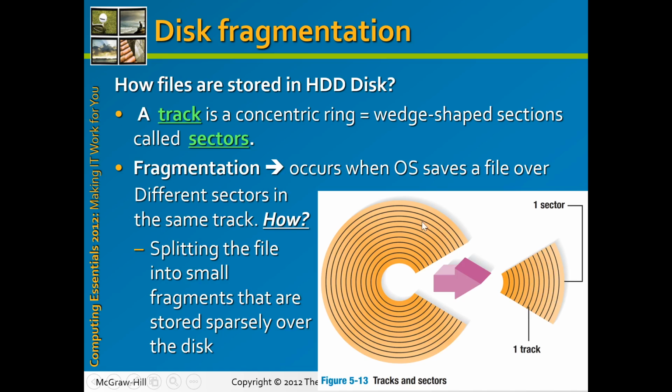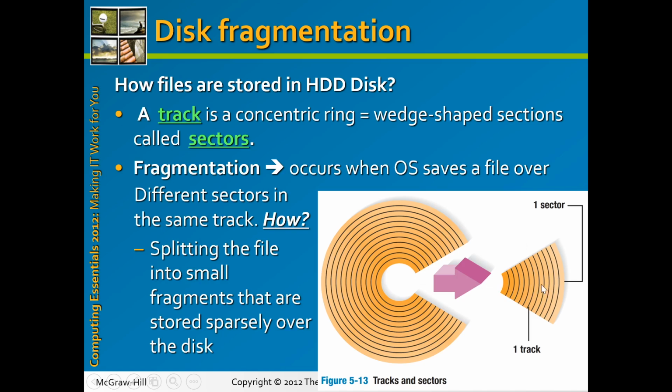Not only one file. By the time you are saving a lot of files this way, your disk will be a mix-up of different files. Whenever you take any sector, you'll find that it contains information from different files.